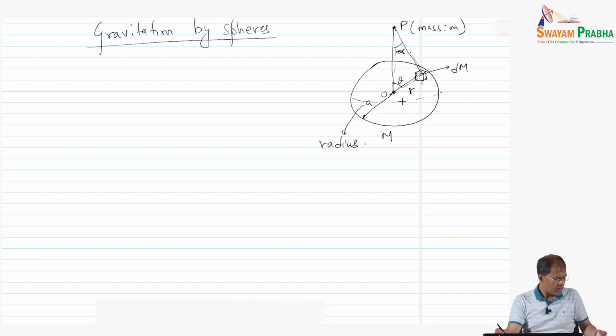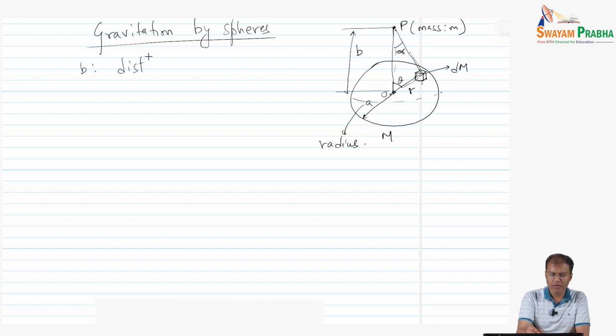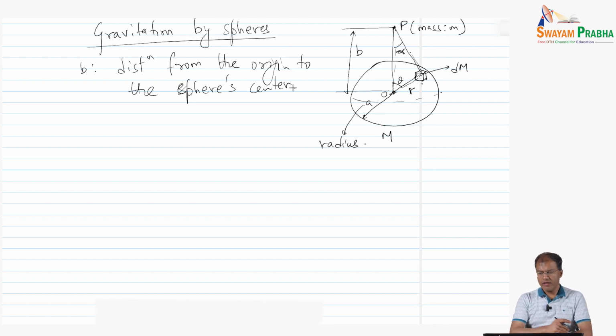So this small r, let us say this, what do we have? Well, I think I have missed one more distance. Let me say that this mass small m is at a distance small b from the origin, the sphere's center. So that is what we have, the distance of the point mass m from the center of the sphere.